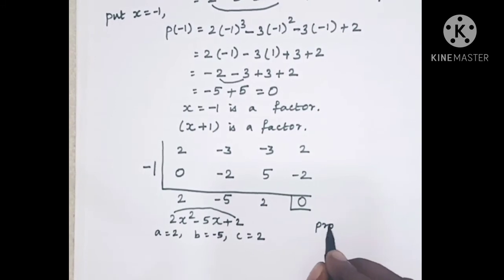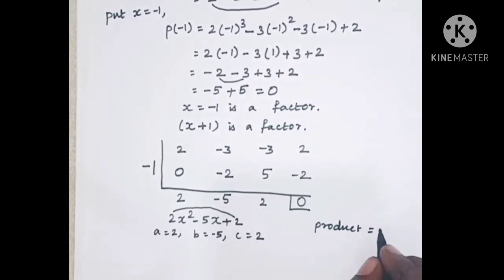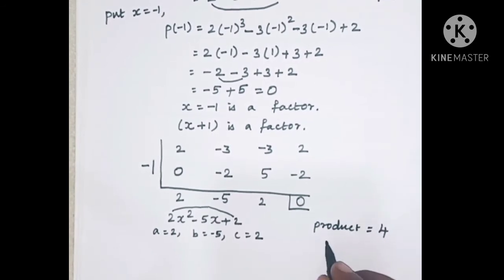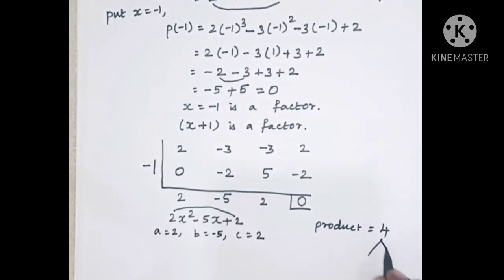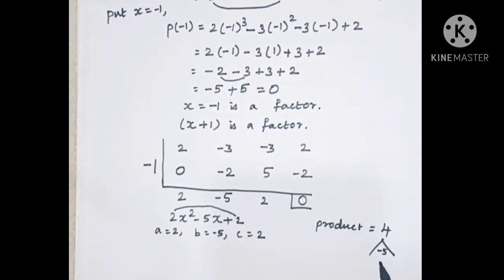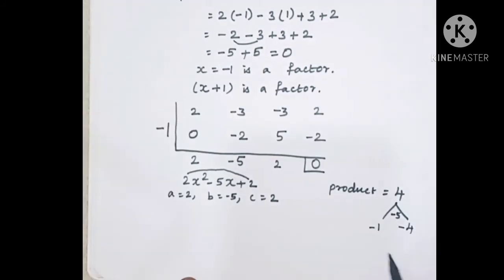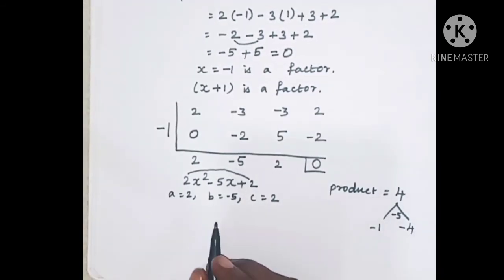So the product ac is 2 2s are 4 and the sum is minus 5. So we have to identify two numbers which multiply to give plus 4. Minus 1 into minus 4 is plus 4, and minus 1 minus 4 is minus 5.